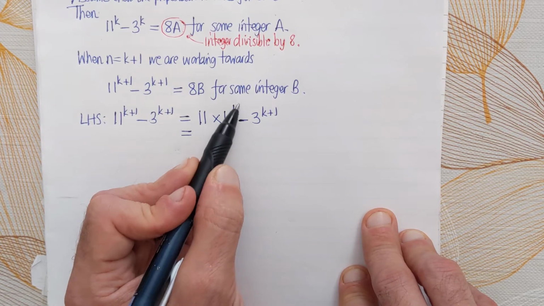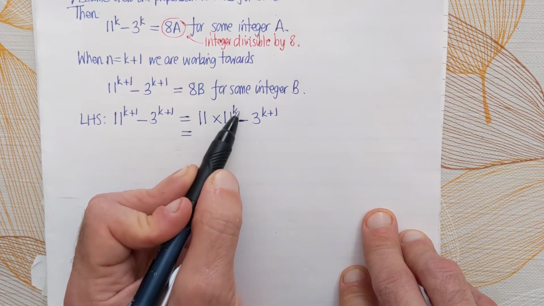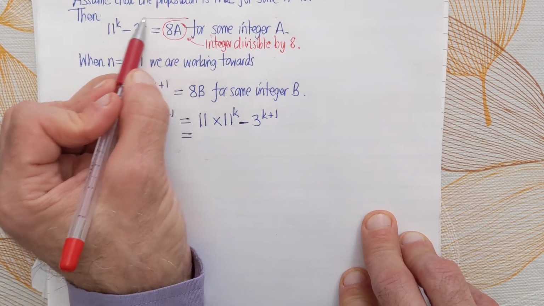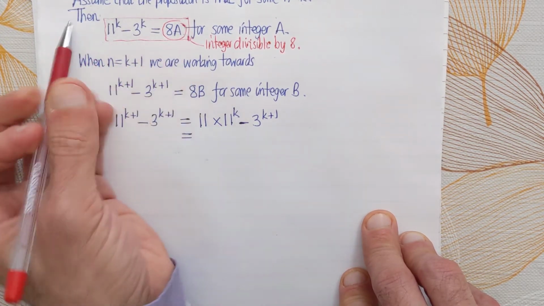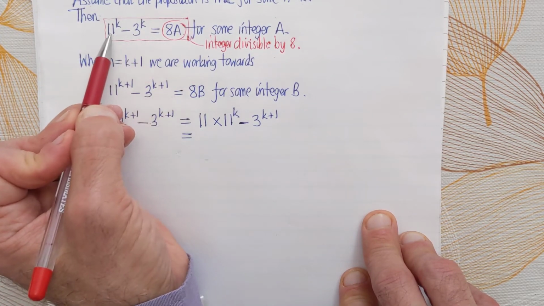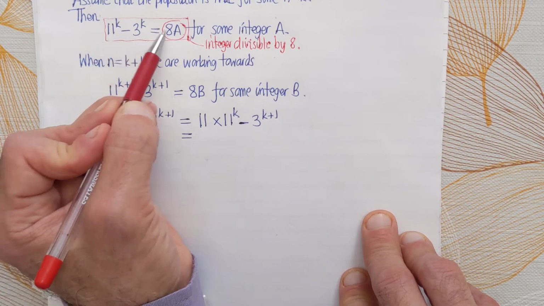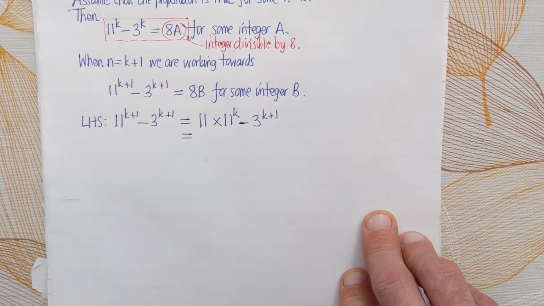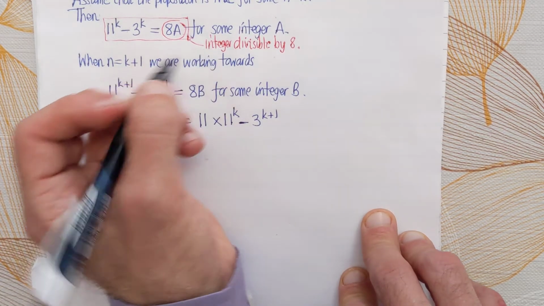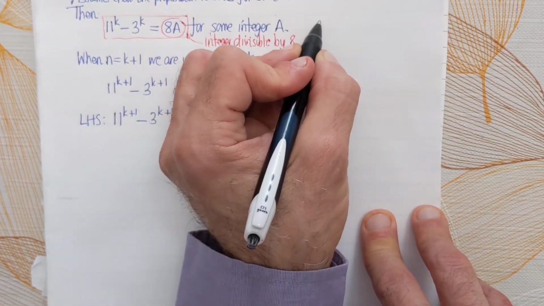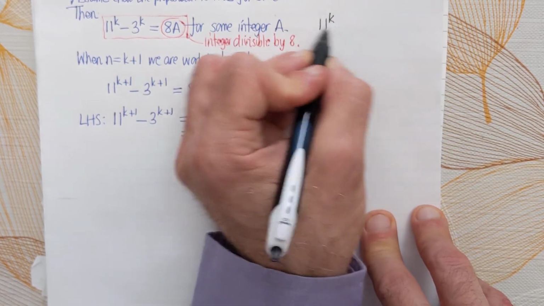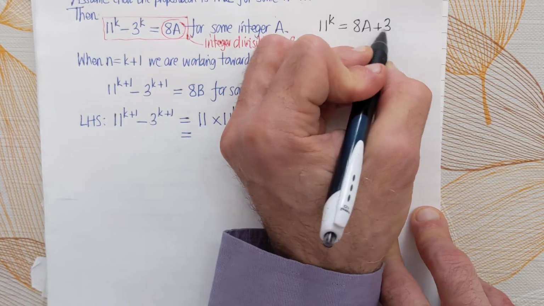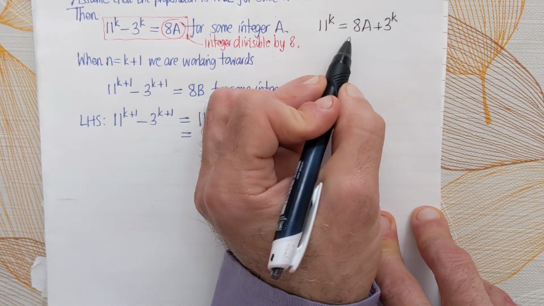We're about to make a substitution here for 11 to the power of k. And how do we do this? If we go back to this line here, we can rearrange this to make 11 to the power of k the subject. So we bring the minus 3 to the power of k term to the right hand side. So I'll just write it here. 11 to the power of k equals 8a plus 3 to the power of k.